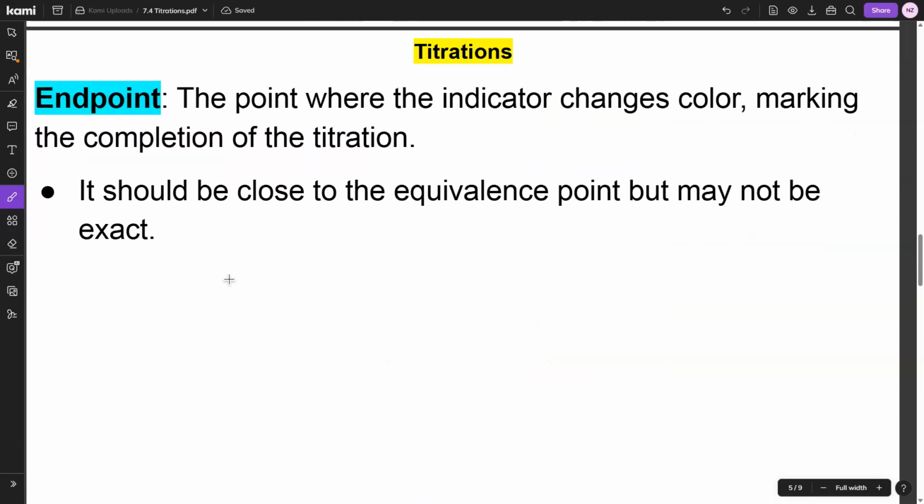Now, the endpoint is the point where the indicator changes colors, which will indicate that the titration is complete. So an indicator helps us identify when the titration is done. Your indicator should work where the endpoint and the equivalence point are going to be very close to each other.